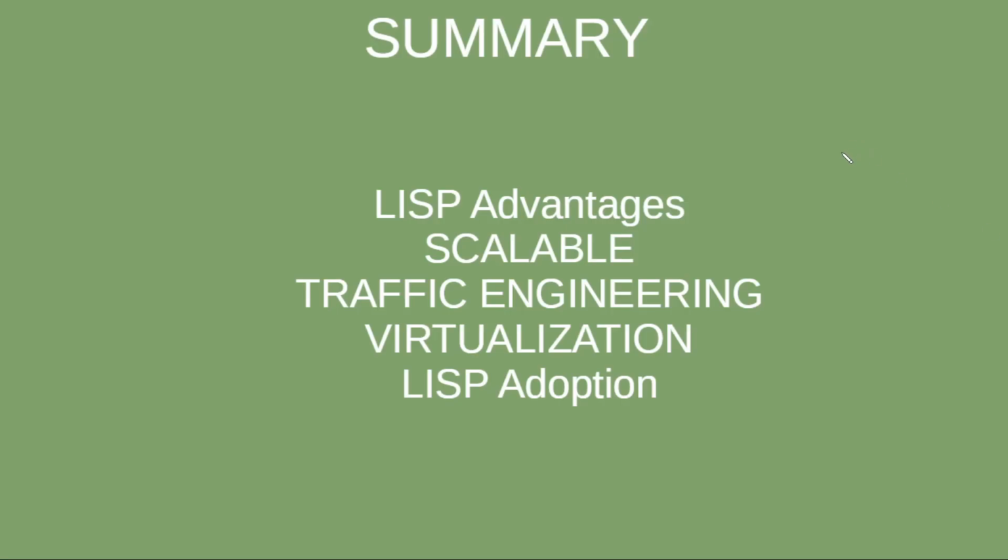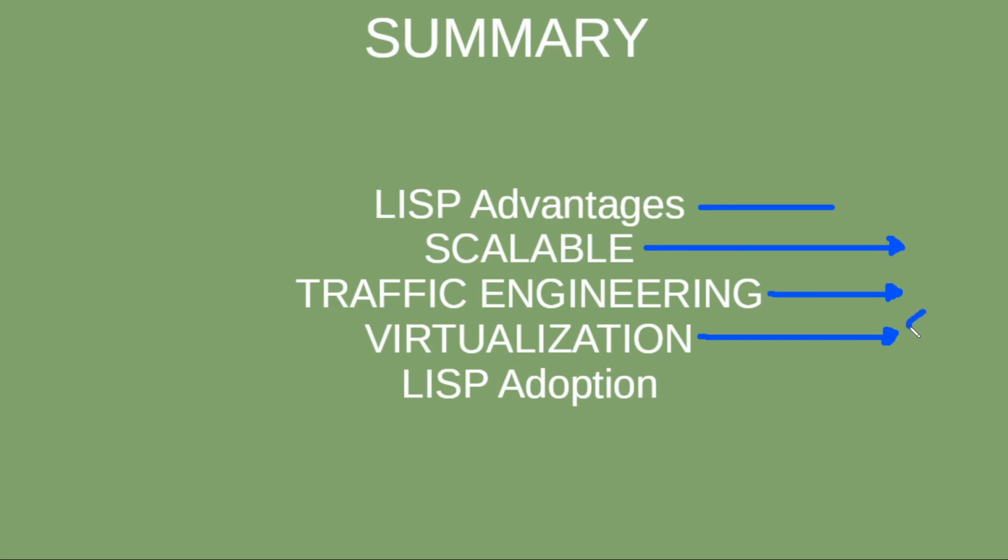First, we talked about the advantages of using LISP. For instance, how LISP scales better than traditional routing protocols, the traffic engineering parameters that LISP offers, such as priority and weight, and how LISP supports virtualization natively, and what virtualization models we can use within LISP.